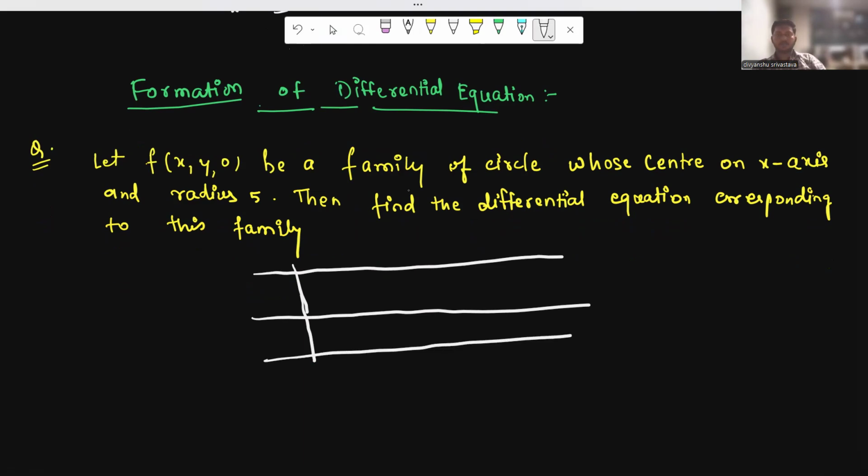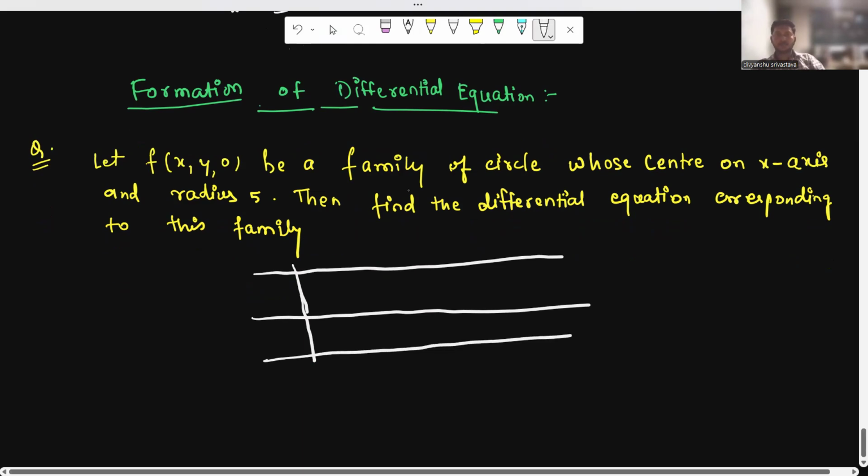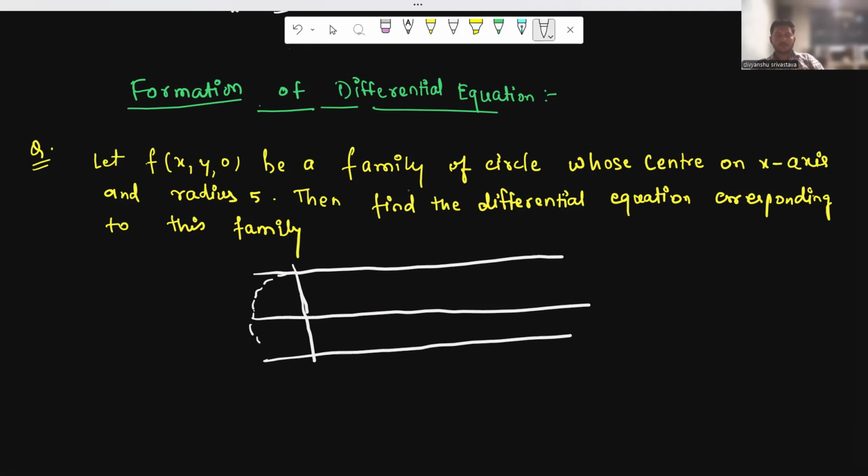These are the family of circles which have their center on the x-axis. So these are the circles you have.